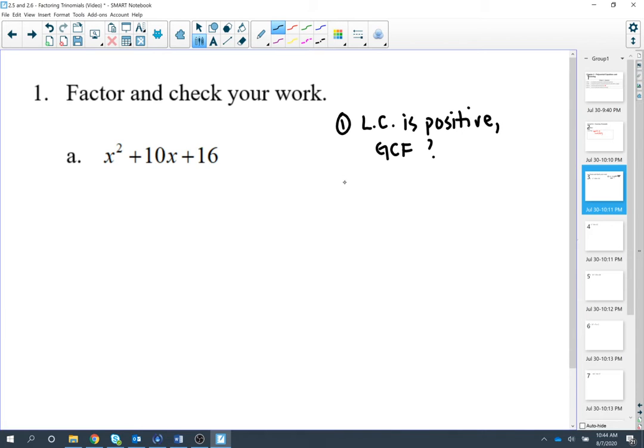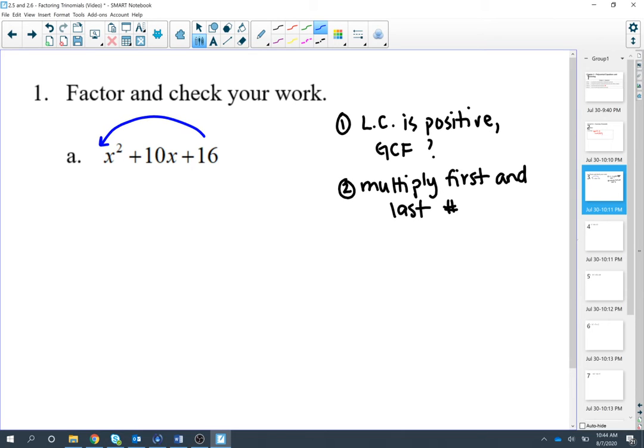Okay. Step two, I'm just going to write multiply first and last number. Okay, so what I mean by that, first number is sitting up here in front of my leading term. Last number is sitting back here.